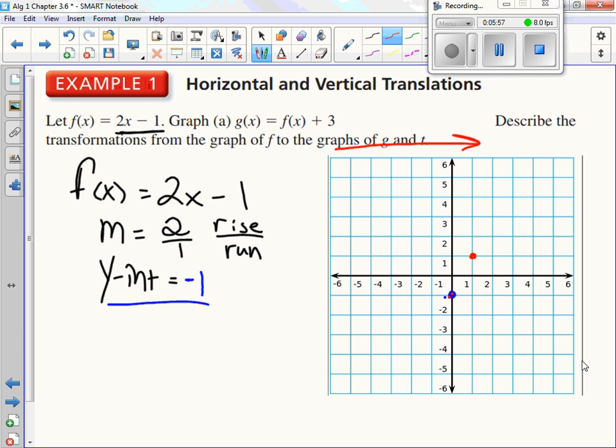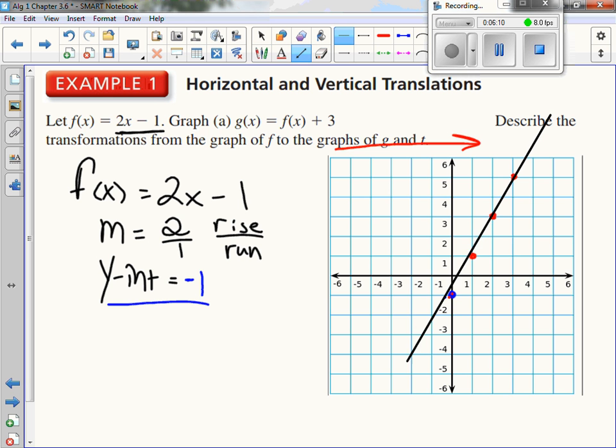And we could do it again. I can go from this point here, go up 2 and over 1. And we can do this multiple times, up 2 over 1. And at this point here, we would draw our line. So this here would be our original graph.